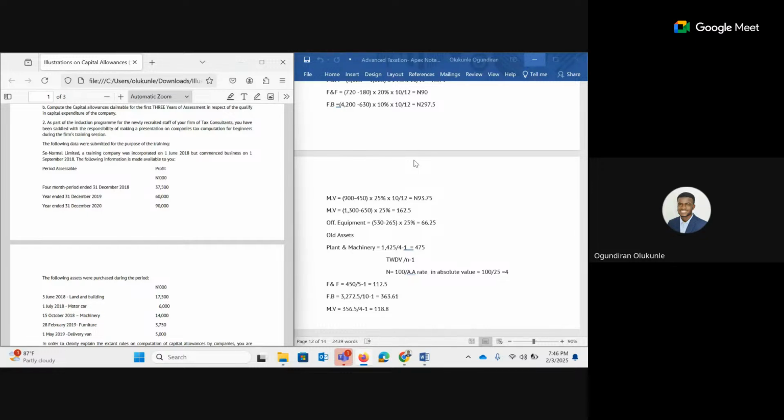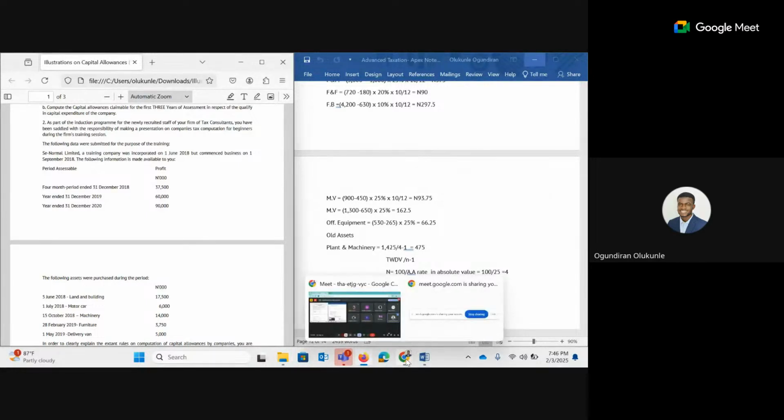So the best way to confront that situation is by reading the requirement first. Then, when you are reading the additional information, you will be able to identify the salient points from the question that are key in your solution.